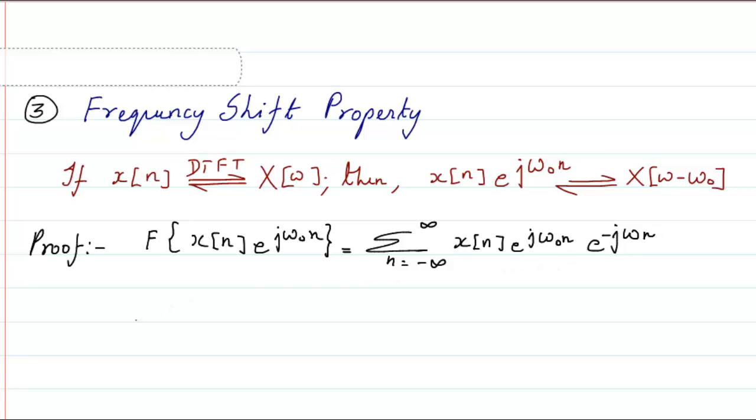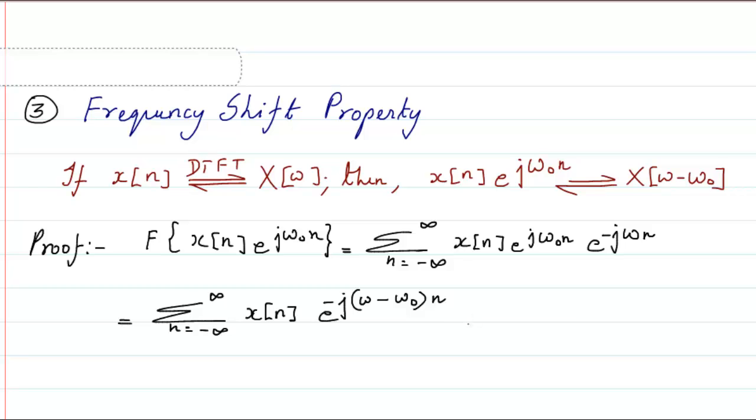Here we can join these two exponential portions together, and we can write summation n equal to minus infinity to infinity x of n e raised to power minus j, so that omega minus omega naught is what is coming, and then n is again common to it.